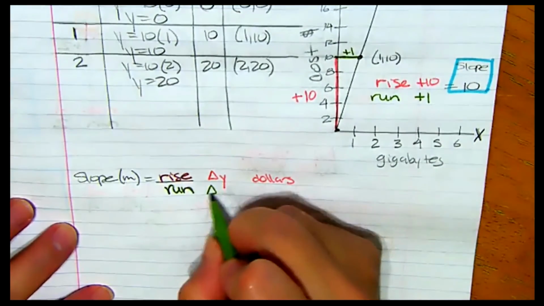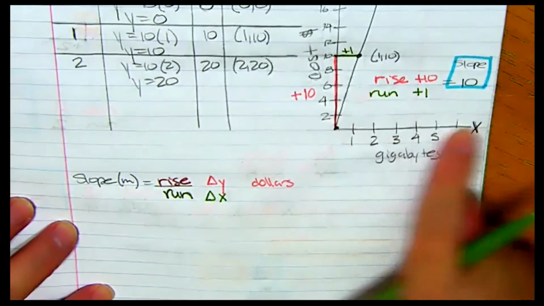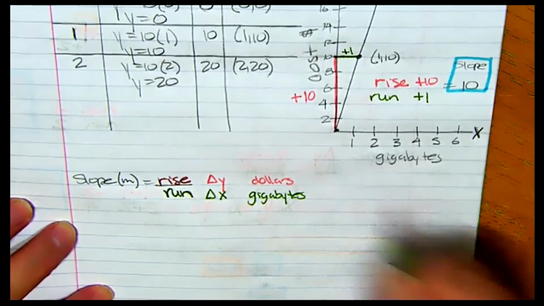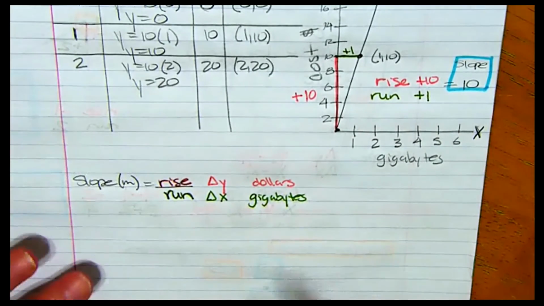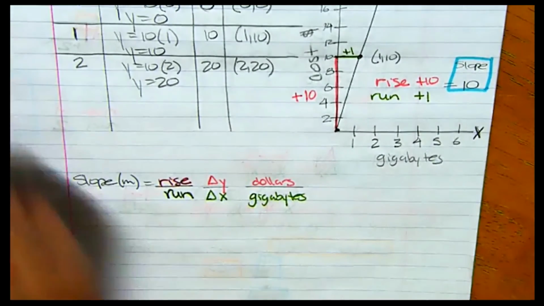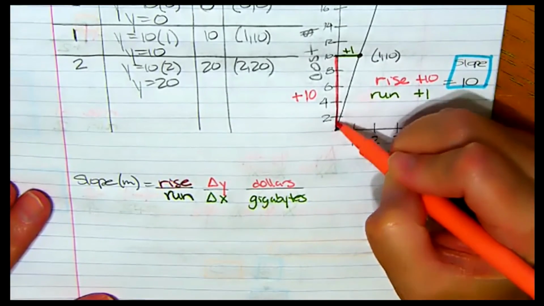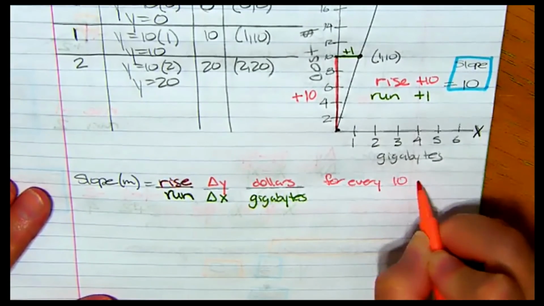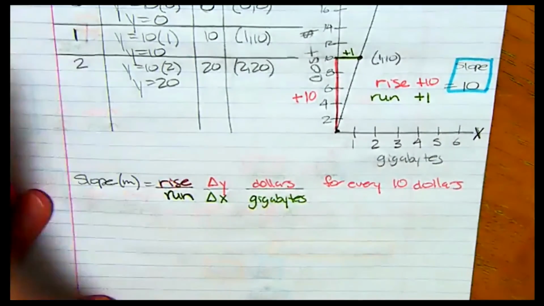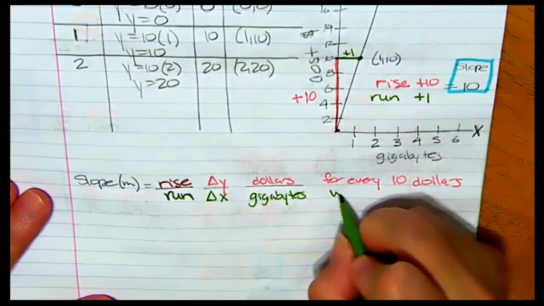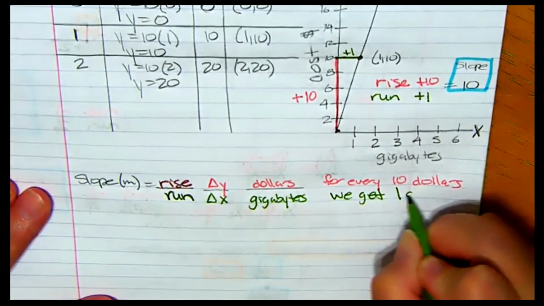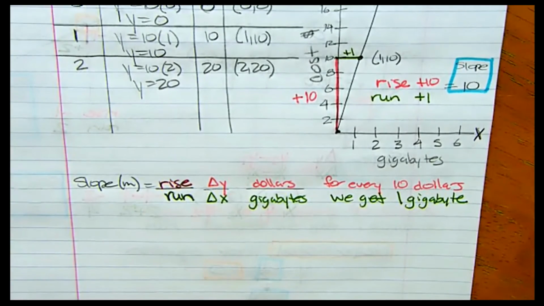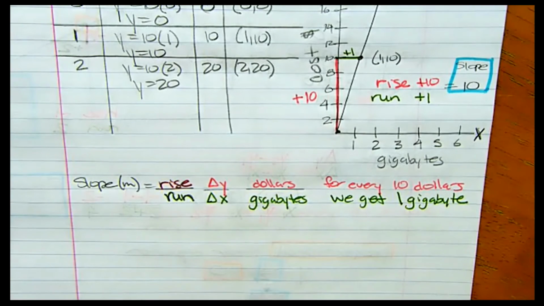The run is the change in x, and my x is gigabytes. So what does all of that mean? Well, for every $10, we get 1 gigabyte. That's what it means to interpret the slope.